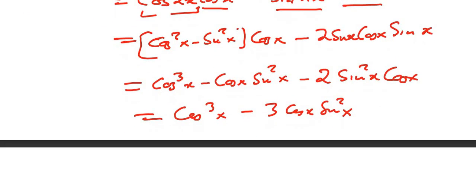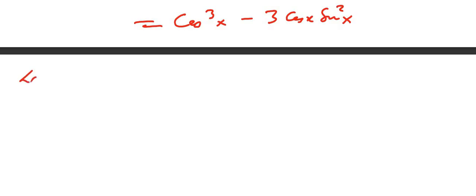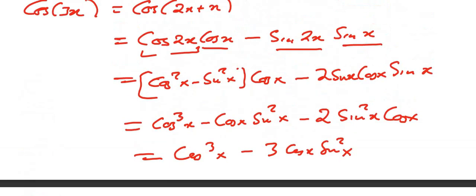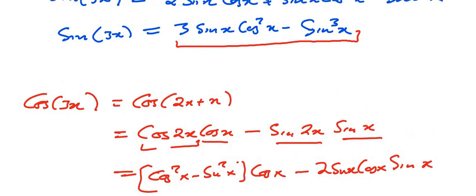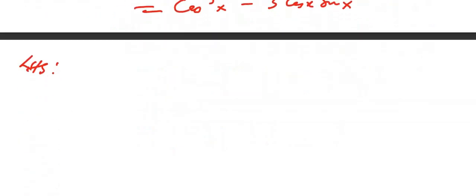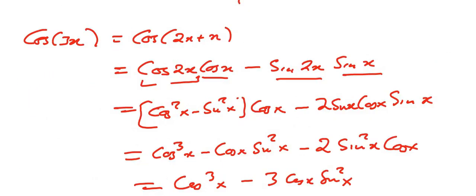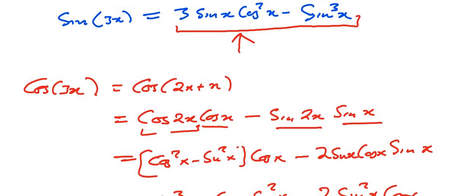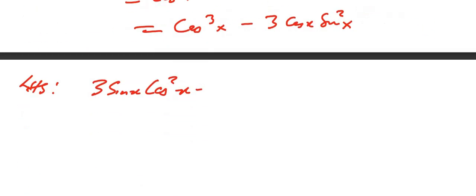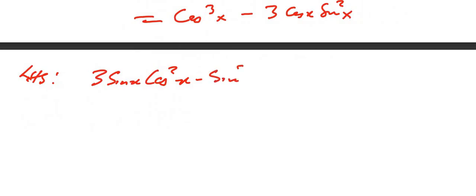So now we've simplified the expression, so we can do the replacements. Where there was sine 3x, we're going to replace it with 3 sine x cos squared x minus sine cubed x.